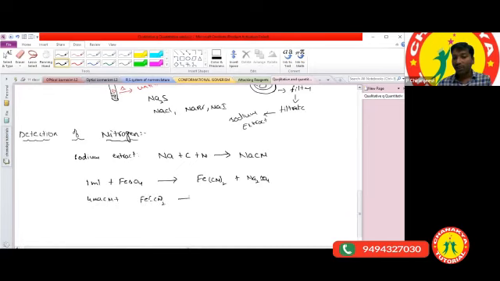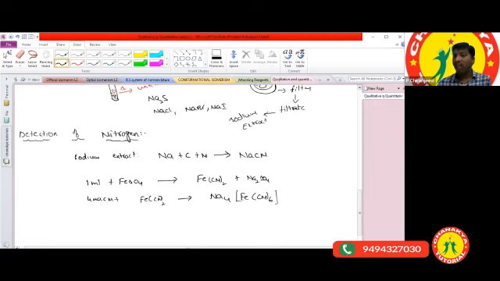It is converted into sodium hexacyanoferrate(II).